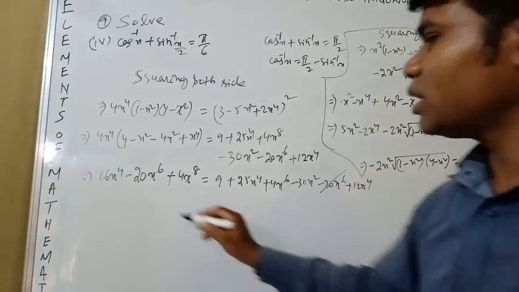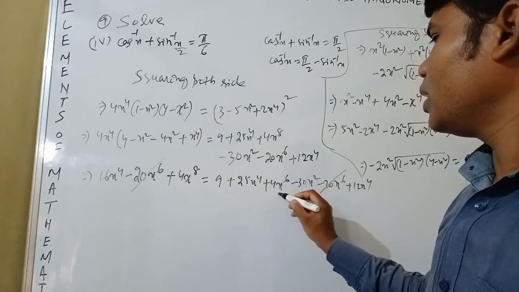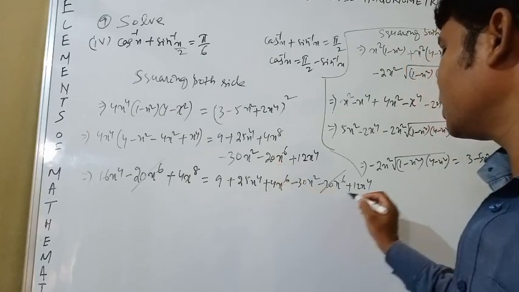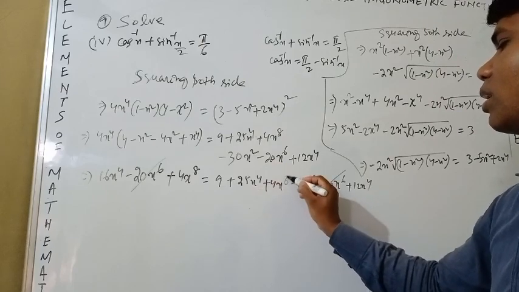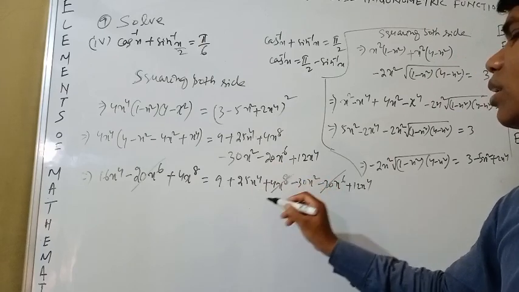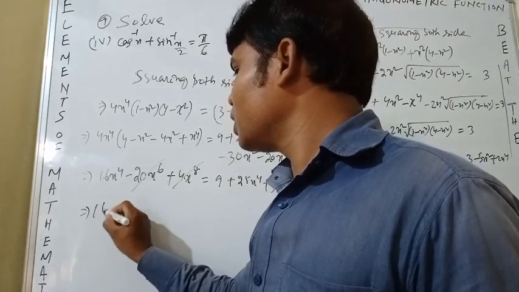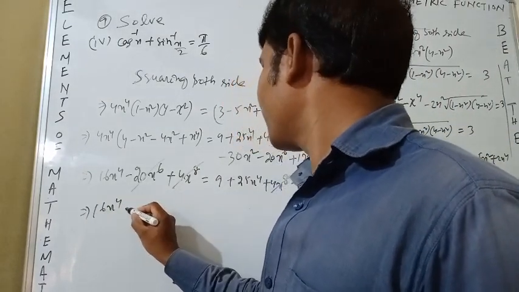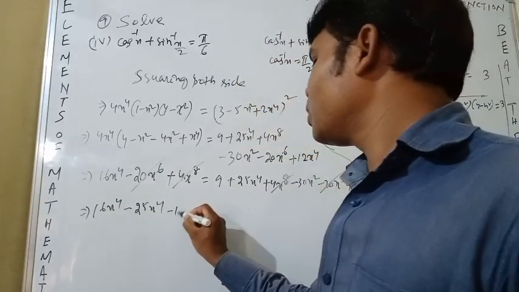Minus 20 x^6 and minus 20 x^6 will cancel out. 4 x^8 and 4 x^8 will cancel out. This is equal to how much? 16 x^4 minus 25 x^4 minus 12 x^4.